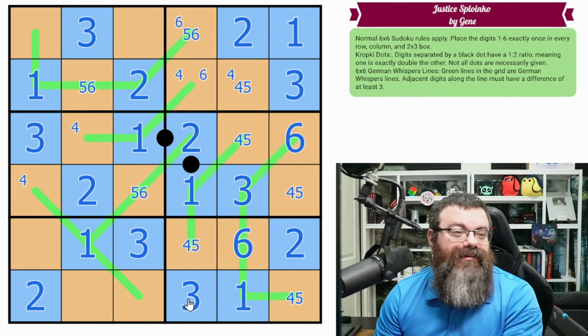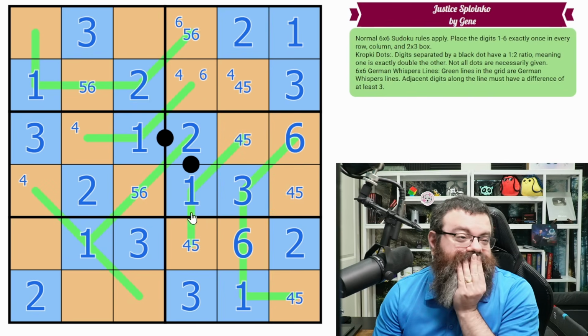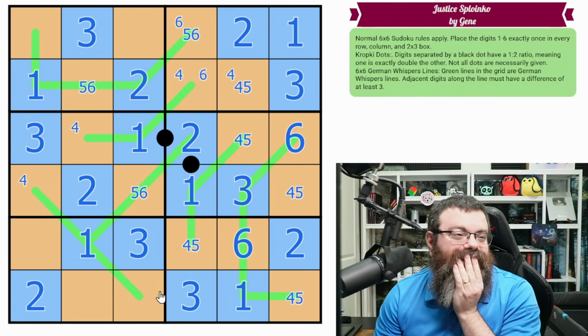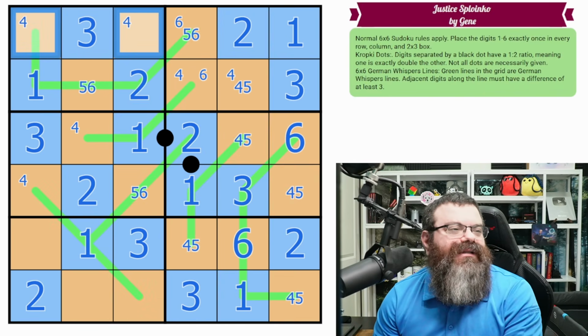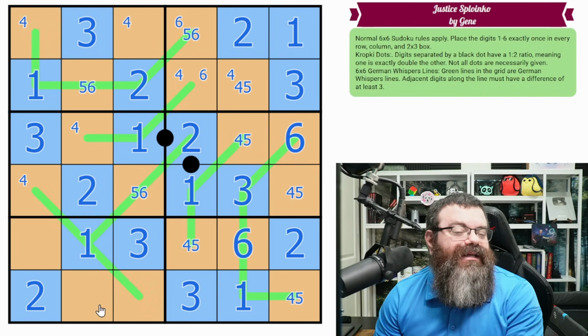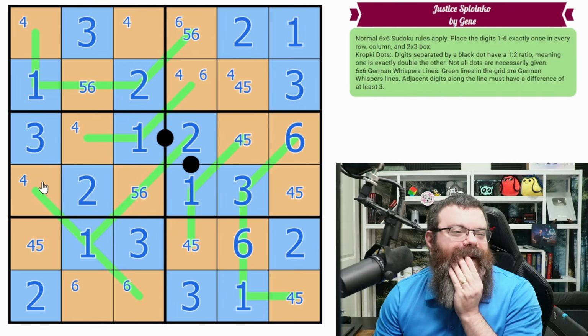No. How am I finishing my highs? 4 is one of these two. Is there something about like a hidden single or something? 6 is one of these two, so this is 4, 5. Yeah. Just 1 does not restrict the highs. Only 2 and 3 do. Did I resolve my 1-2s backwards? No, because one of these is a 4.